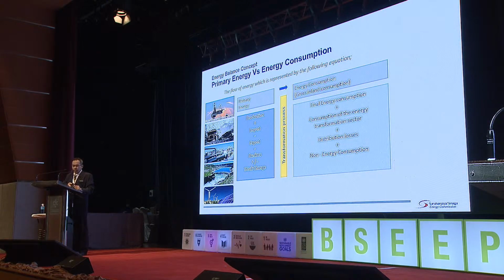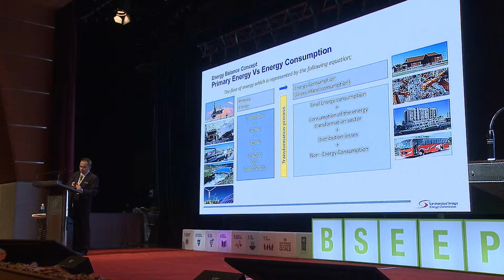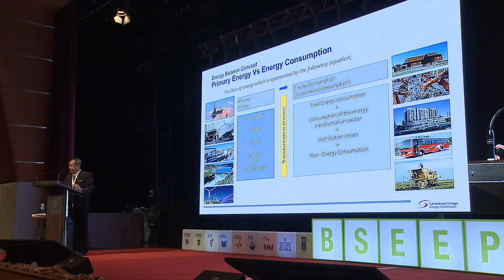Okay, and then where do we use our energy? We have the domestic sector, industry sector, commercial sector, transportation sector, and also agriculture sector. So we have about 70 data providers to produce this energy balance information or book. There are utilities, IPPs, oil and gas companies, fisheries, Department of Statistics, aviation, shipping companies, EPU, EPF, MITI, and many more.